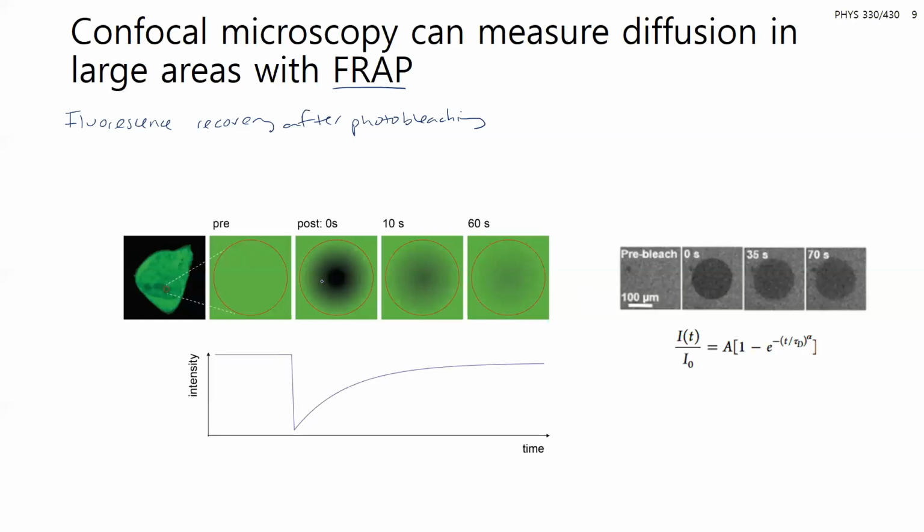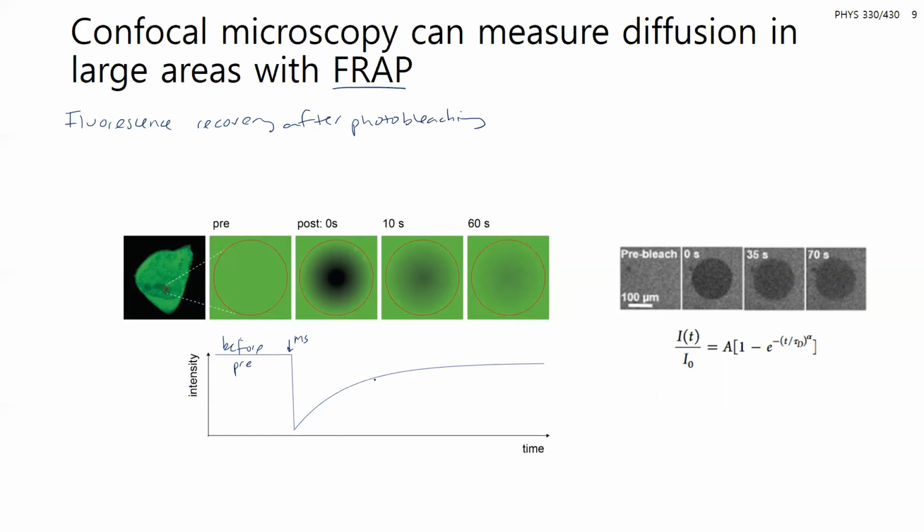And you use a very high power, on the order of a couple milliseconds, to bleach. So this is the pre area, and this plot here is the intensity within this red circle. You use a high laser power at one point in time to bleach the area, and then the rearrangement of molecules will diffuse back into the bleach spot.